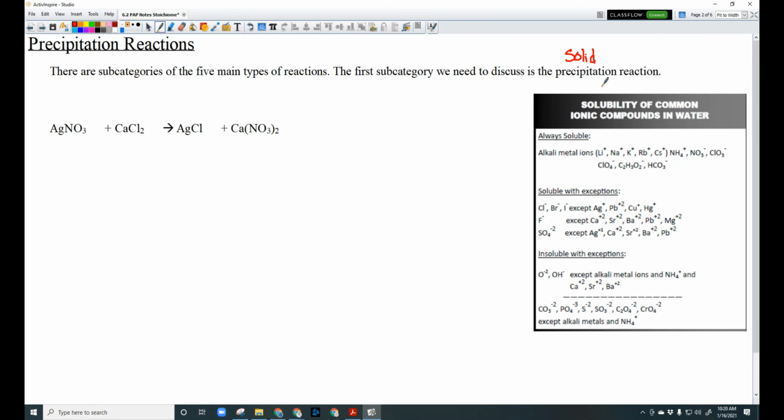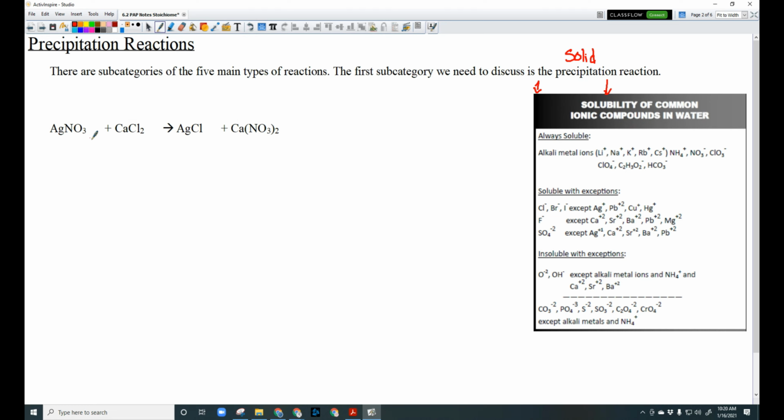Now, how do we know a solid is formed? Well, if you look on your reference materials right beside the polyatomic ion list, you're going to see the solubility of common ion compounds in water. So what we're looking at here is a double replacement reaction.